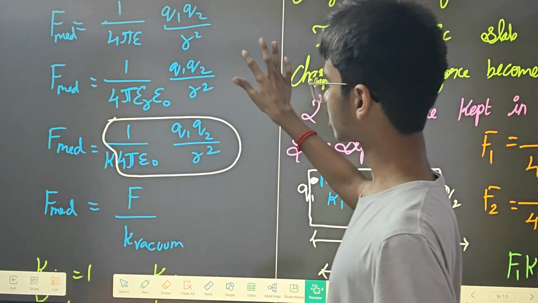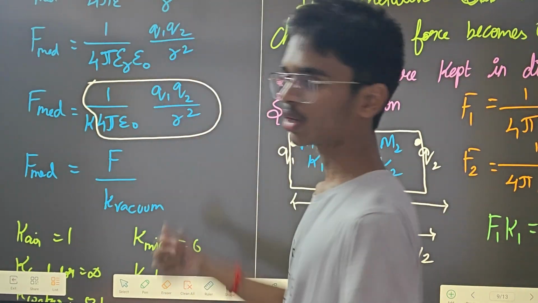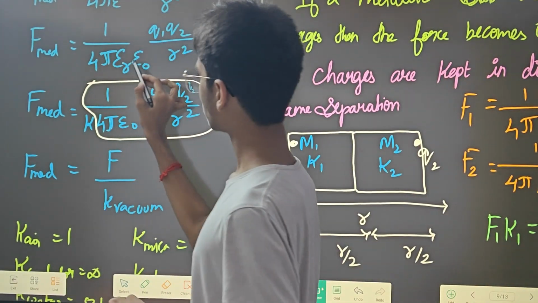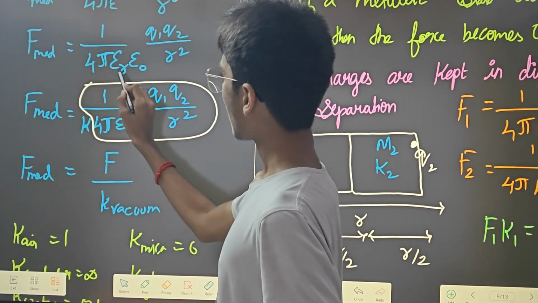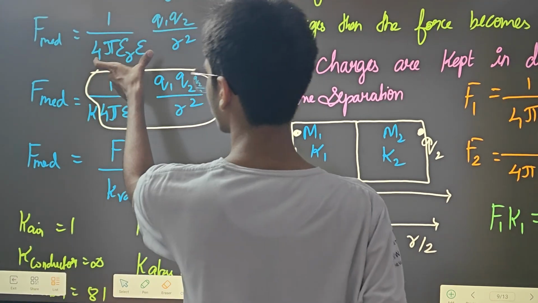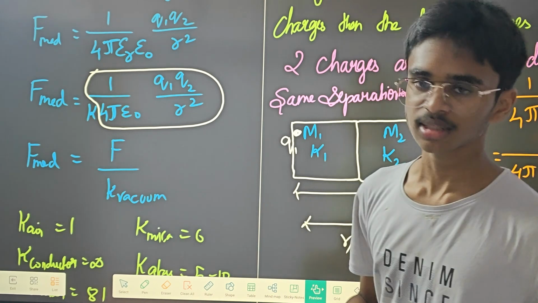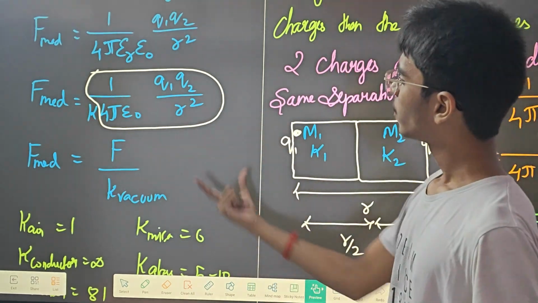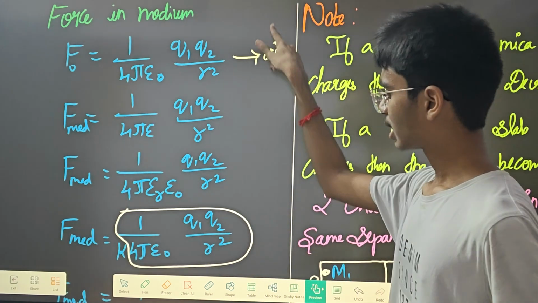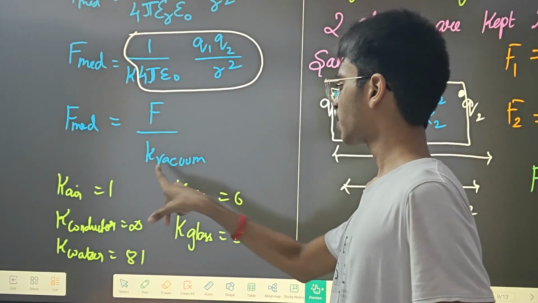Whenever it is just epsilon, it is going to be epsilon r into epsilon naught. So epsilon r is equal to k, and this epsilon r or k has been taken out from this group, and the remaining terms are equal to this force. So if you check it out, that is what I have done.